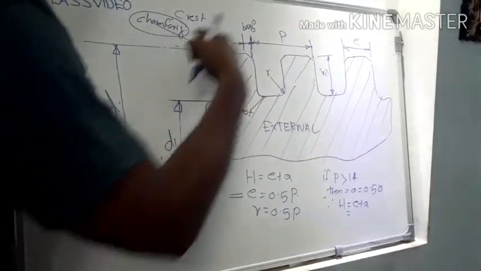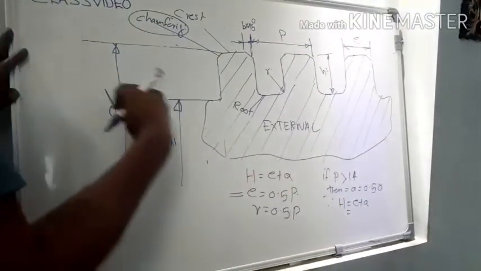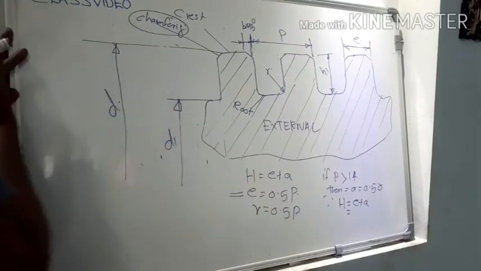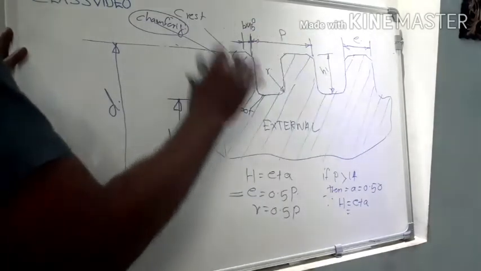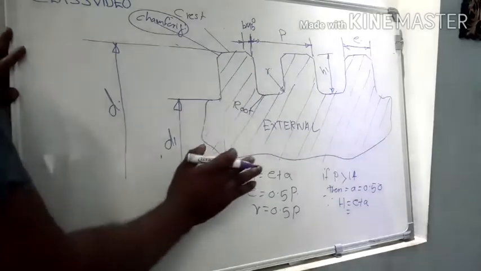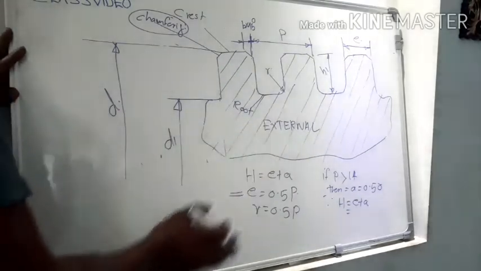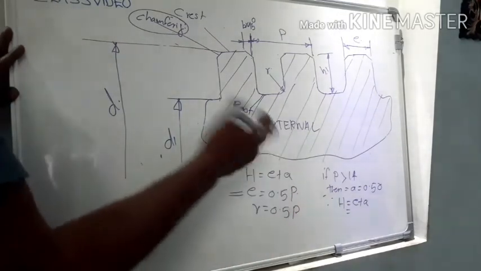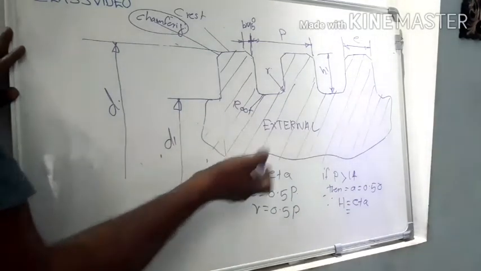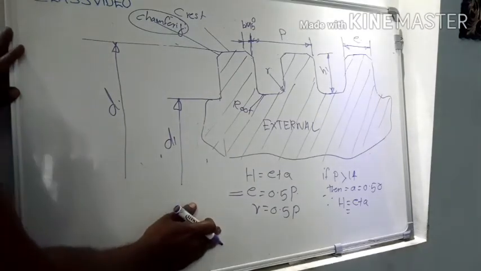Here we use the parameters in small letters. That is, if the threads are external, we use small letters to represent the parameters, whereas in the case of internal, we use capital letters.